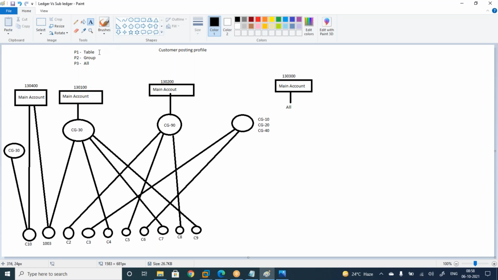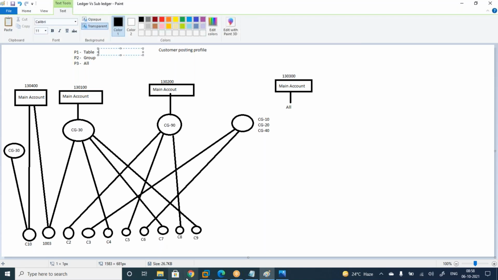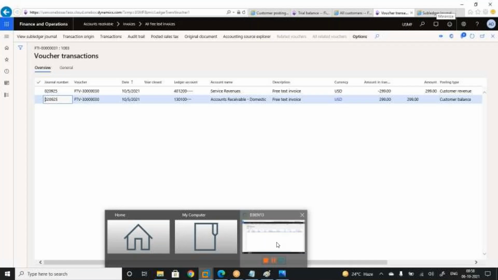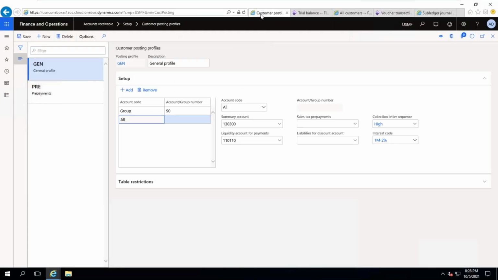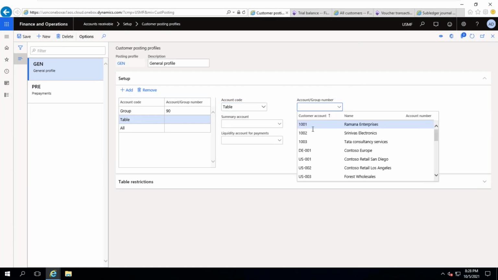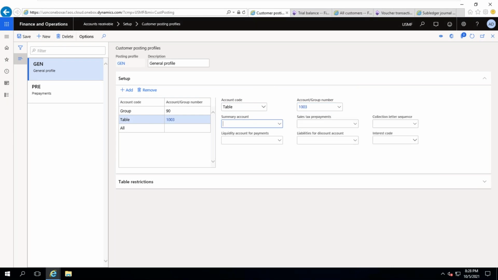First is table level mapping. The first transaction we have mapped to the table, am I right? It will automatically verify the table level, and whatever account is there, it will post to that account.